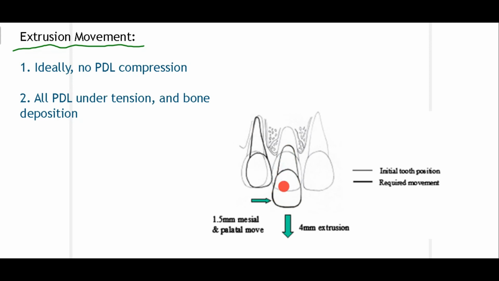The tooth is being moved out in the downwards direction for maxilla and in the upward direction for mandible, depending on the case. Now there is no PDL compression, because when the tooth is being extruded, moving out, the PDL is not being compressed, although there is some tension, because when the PDL is being stretched, tension will develop. And because this space has now been emptied, there will be some bone deposition. So this is all about extrusion movement.